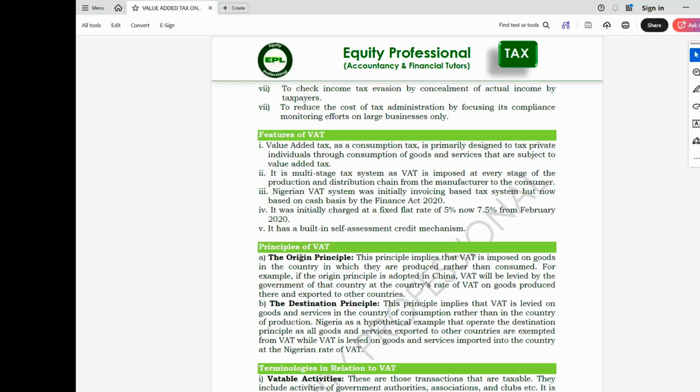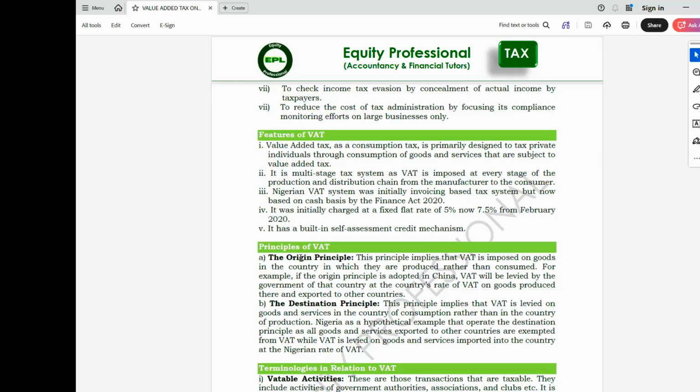What does it mean? It means that value-added tax will be charged on the goods or services wherever the goods is being produced from, irrespective of whether that goods or services is going to be consumed in that location or not.